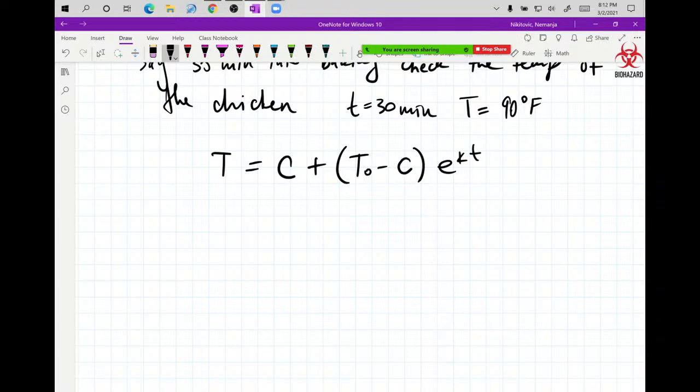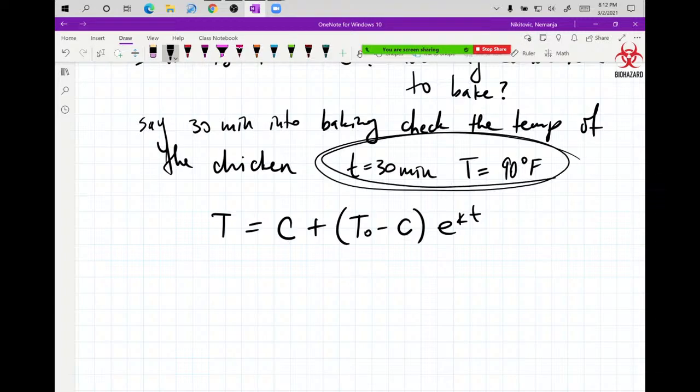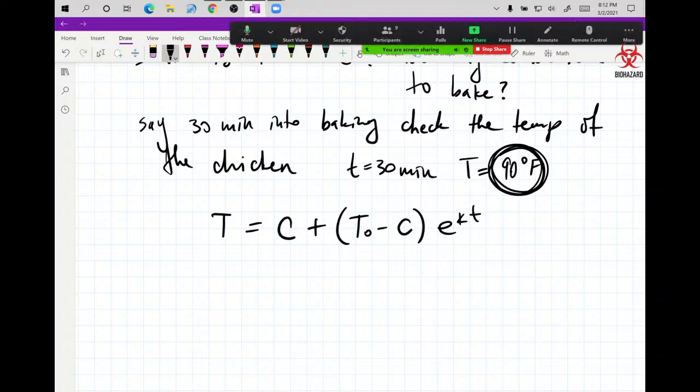Now I am going to use this information first so I can calculate K. As I said, you and I are going to get different temperatures here if we each start our experiment. How many people are on the call? Nine, eight students and me.